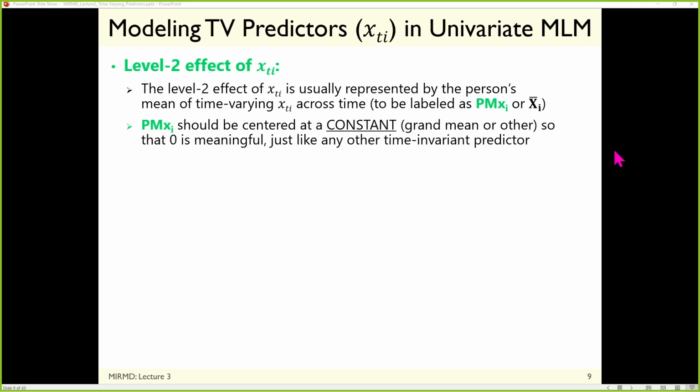So we're going to take the time-varying predictor, and we're going to compute its mean across time. And that person mean, I'm calling it person mean x here in the notation, is going into the model as a new predictor. So we're literally taking the part of the variable that is between-person mean differences, saving it as a new variable, and putting that in the model. And just like any other time-invariant predictor, which is what that part is, we want to center it so that 0 means something, so that the intercept stays meaningful.